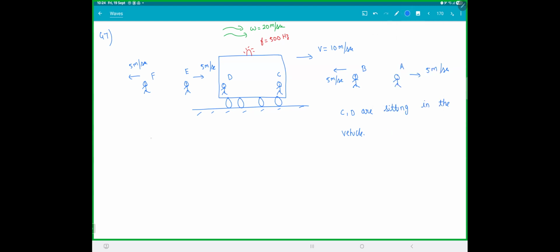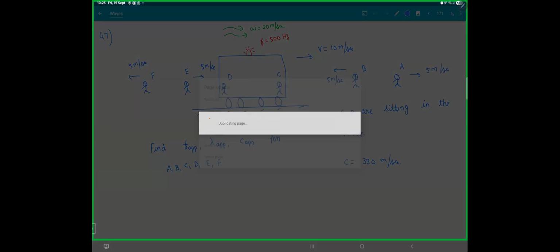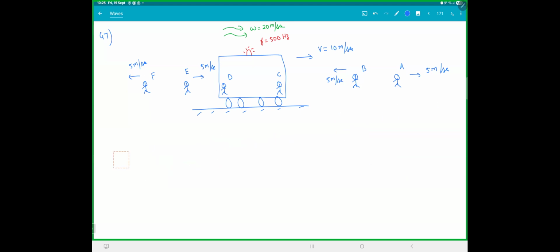Find f apparent and lambda apparent for A, B, C, D, F. Let me show you for A. Speed of sound is 330 meters per second. Okay, so listen once. Let's do for A.